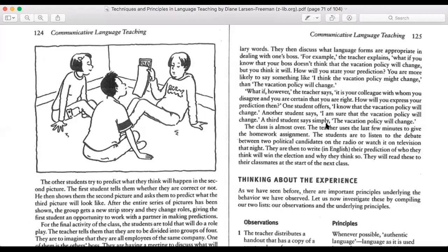Now, the class that we are experiencing through Larson is taking place in Canada, in the native environment also. Okay, so these learners would need to comprehend what the native speakers are talking outside their classrooms.